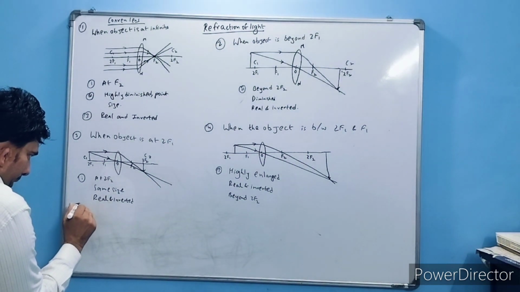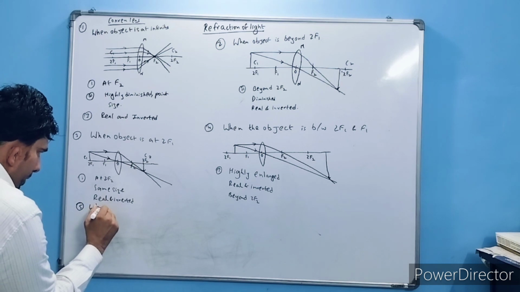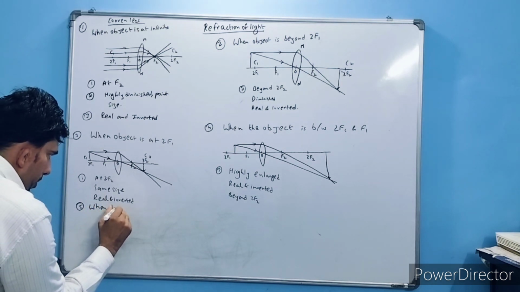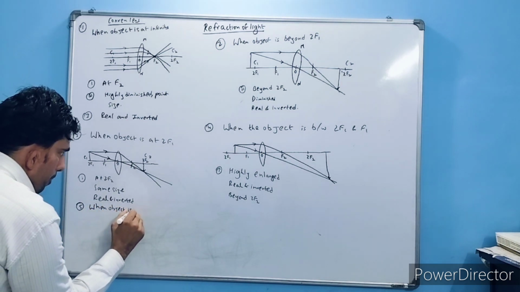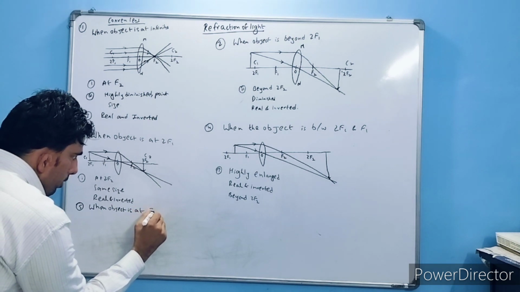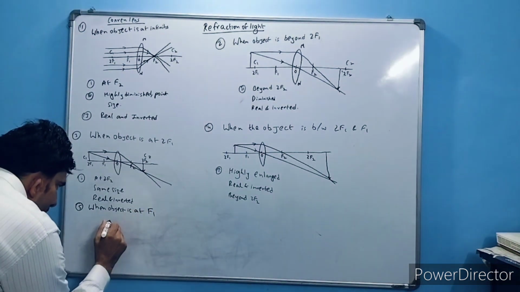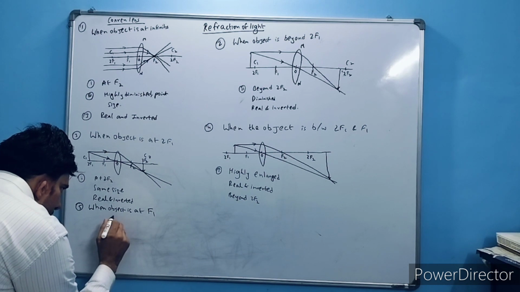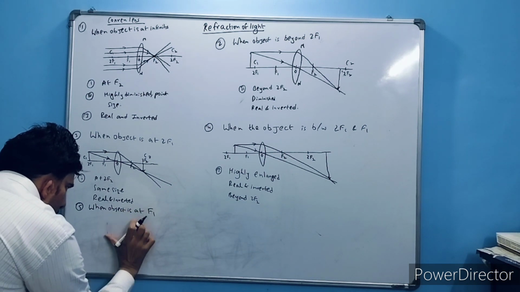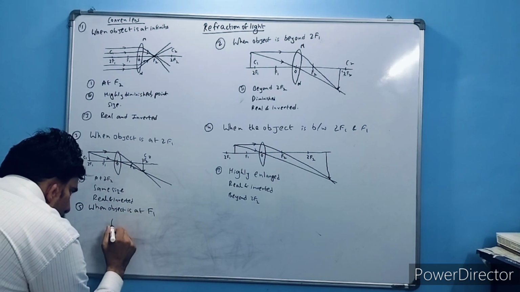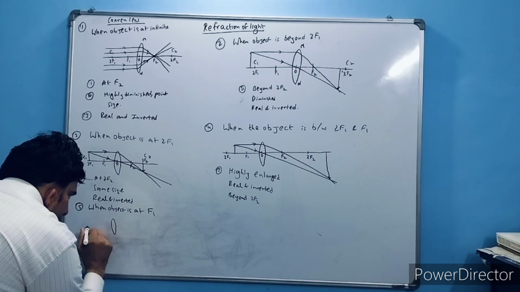Now we'll go for the fifth case. The fifth case will be when the object is at F1. So what will happen?